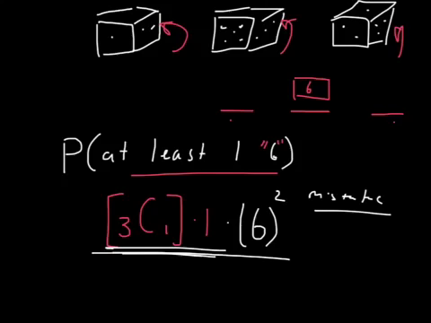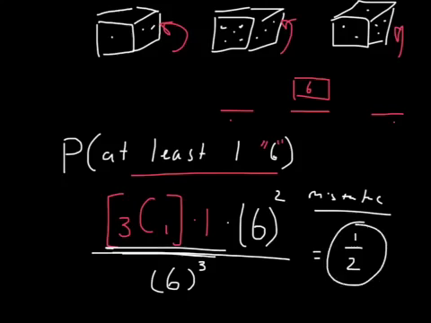And then I'm going to divide that by how many possible outcomes there are rolling a die, which we know is just 6 cubed, because there are 6 options for each die. So 6 times 6 times 6, or 6 cubed. Well, this simplifies down to, let's see, I think just 3 over 6, so 1/2. But that's not right.